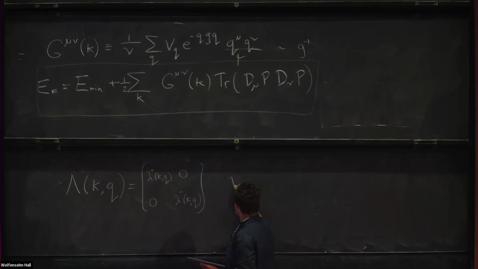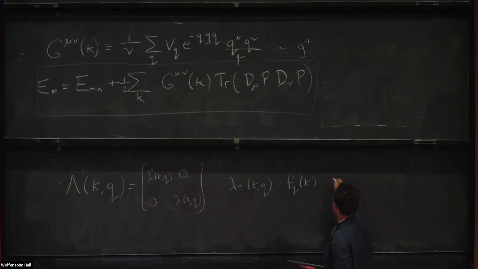And what that means is I can assume that lambda plus or minus of KQ is equal to an amplitude which is independent of plus or minus, and then the phase, which I'll write as e to the i alpha q of k plus tau z, or basically plus or minus i tau.